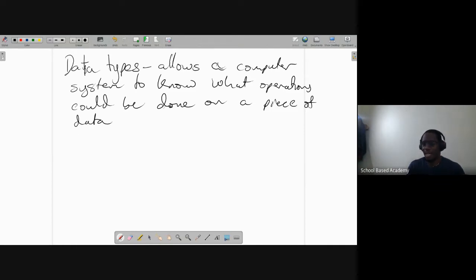And just like how our brains just now had a hard time processing what is Gabriella plus 7, the computer system goes through the same thing.